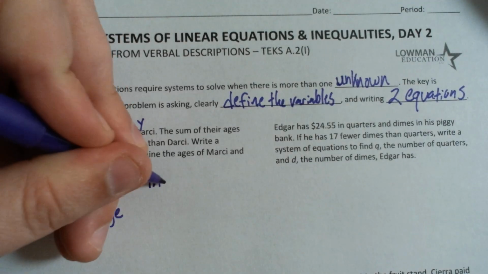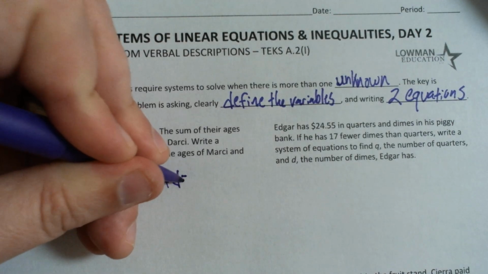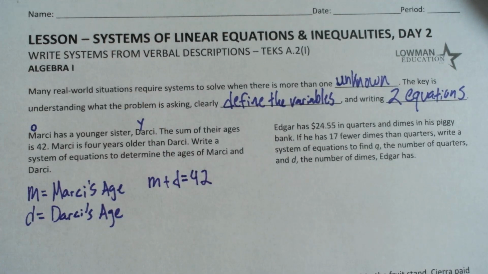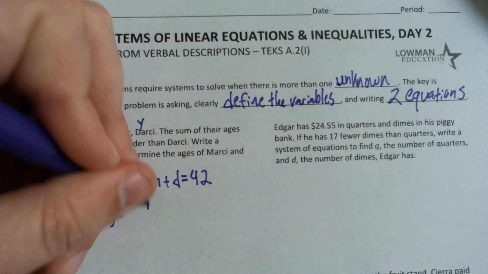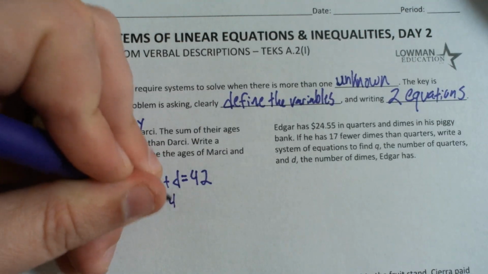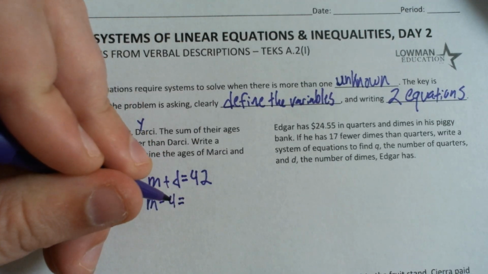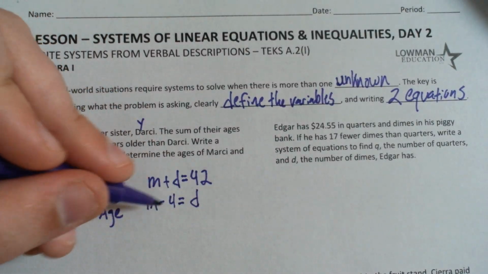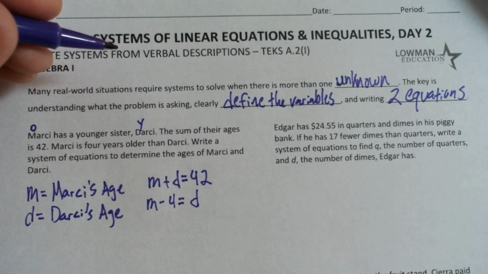So Marcy plus Darcy equals 42. And Marcy is 4 years older than Darcy. So if she's 4 years older, this is the part we can get messed up. You could either say, if I take Marcy's age and subtract 4, I'd get Darcy's age. Or I could say Darcy's age plus 4 equals Marcy's.